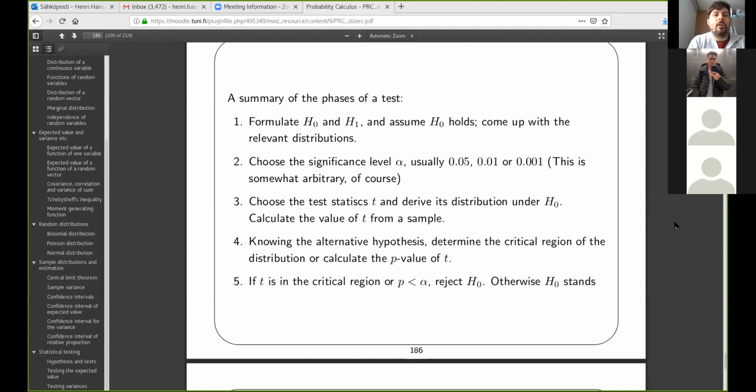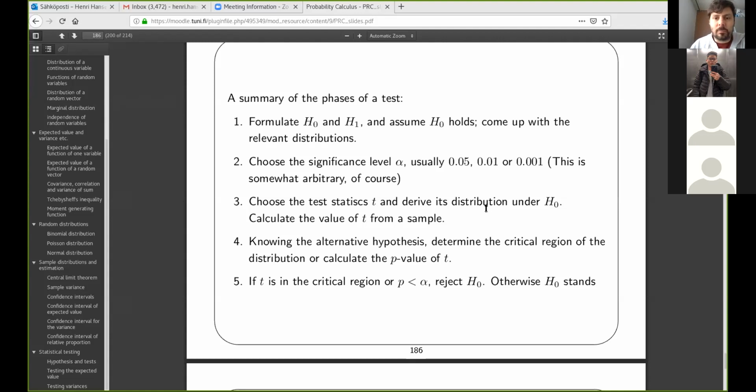Then you decide on the significance level or the risk level. Usually this would be 5%, 1%, or 0.1%. This is somewhat arbitrary, of course, but this marks the type 1 error probability.